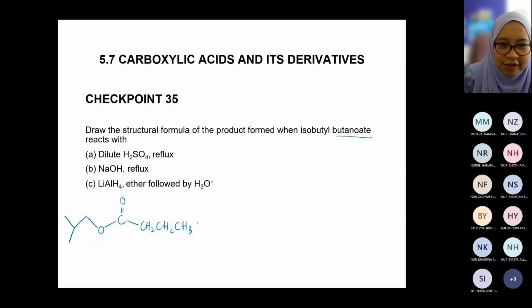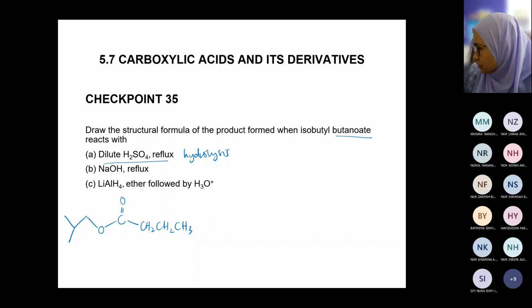Okay. Next, dilute H2SO4 reflux. Ini nama dia hydrolysis. So dia nak pecahkan alkohol ester into its components, which are carboxylic acid and alcohol.